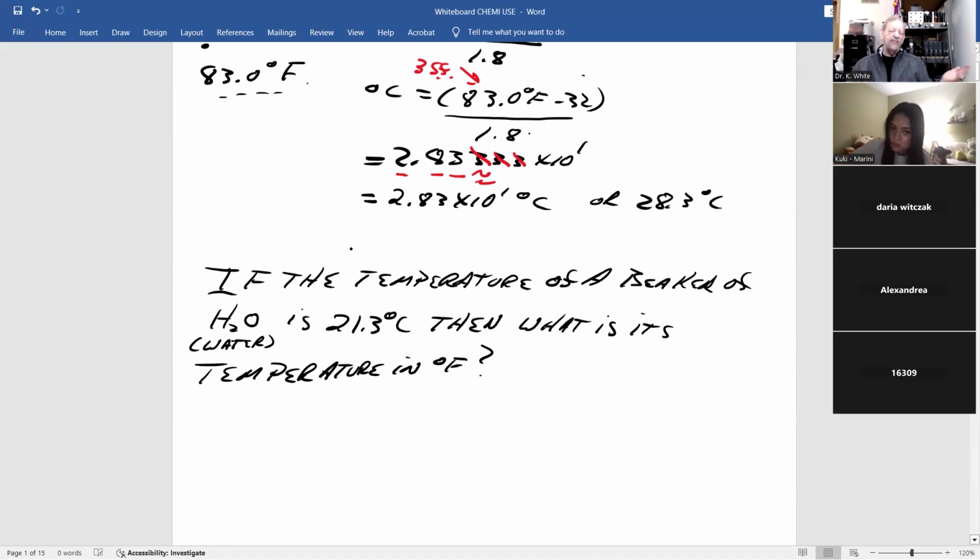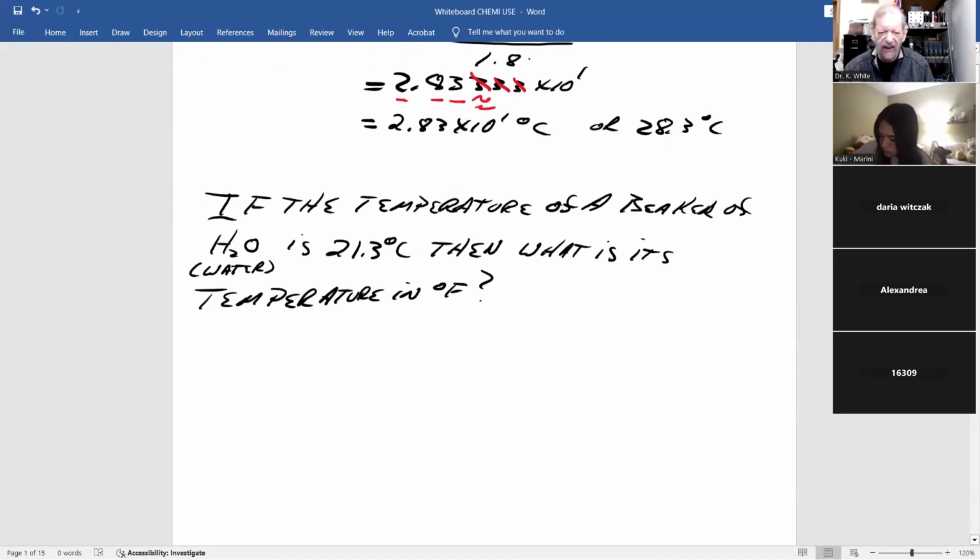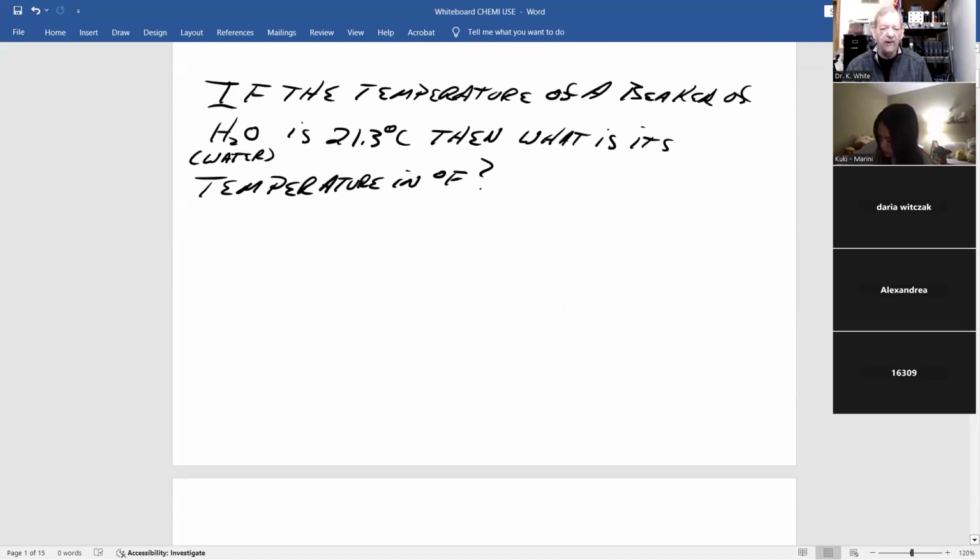And say this for 5 points. If the temperature of a beaker of water is 21.3 degrees C, then what is its temperature in degrees F? So we have this word problem.